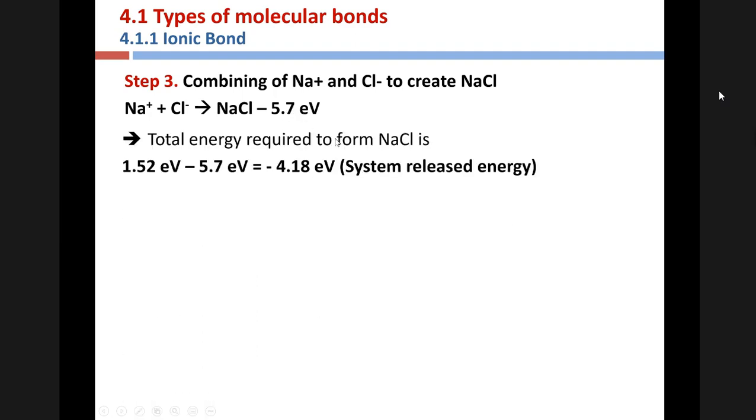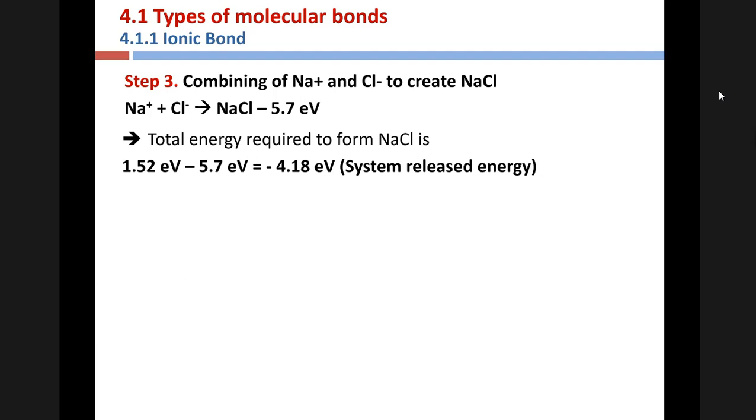So the total energy required to form natrium chloride is 4.18 electron volts. In order to form the natrium chloride molecule, the system releases energy, or the energy of the system decreases.